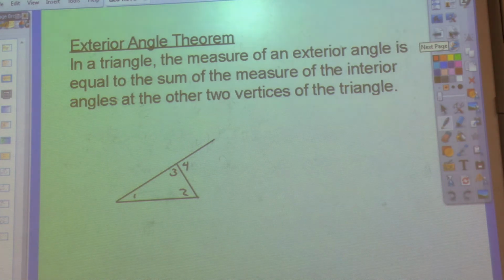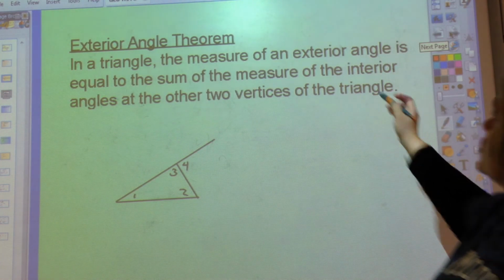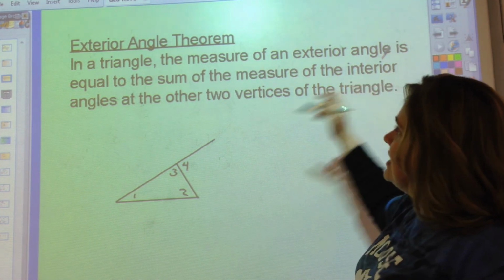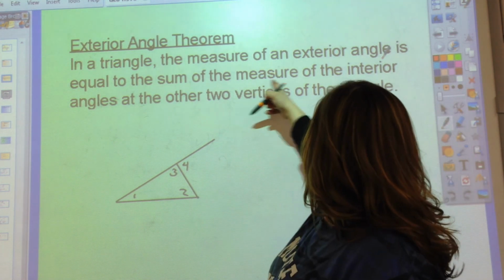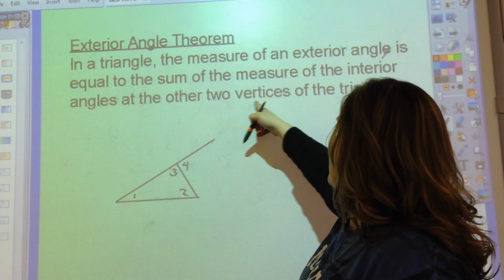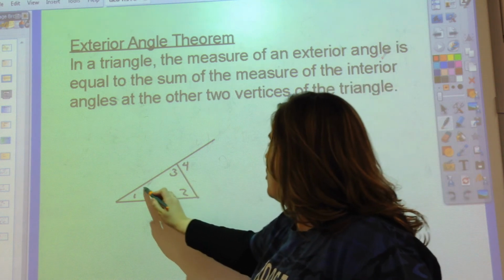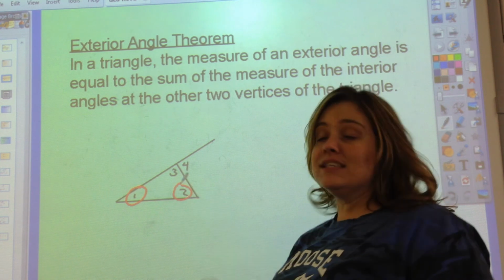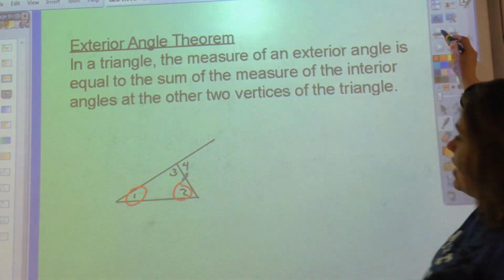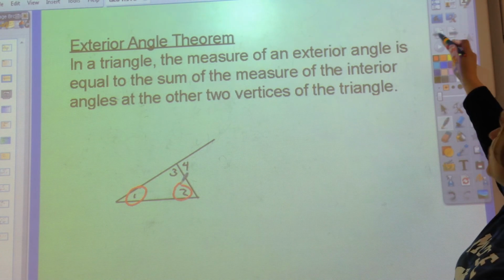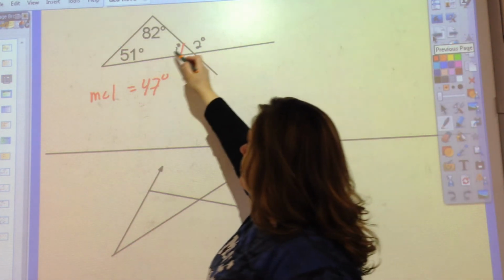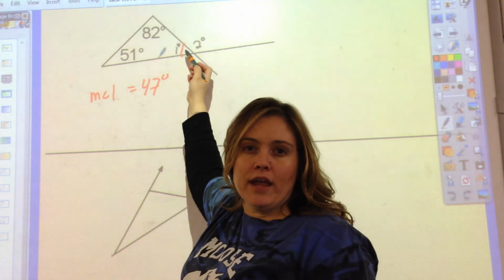The exterior angle theorem says in a triangle, the measure of an exterior angle is equal to the sum of the measures of the interior angles of the other 2 vertices. So I could add these together and get my measure of angle 4. Notice that right here, we actually could have found angle 2.